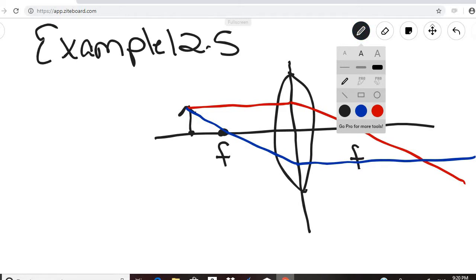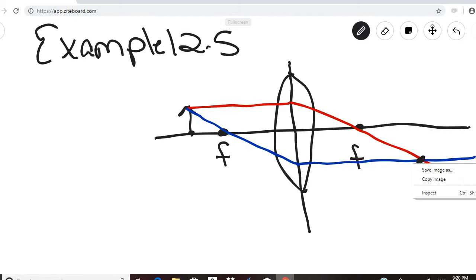Okay, and we can see then that our blue and red lines, the exiting lines, are going to meet right there. Okay, so remember, just like before, this is the bottom. So if that's the bottom and this is where it's meeting, it's going to be inverted.